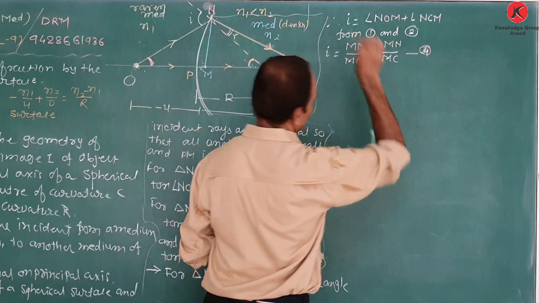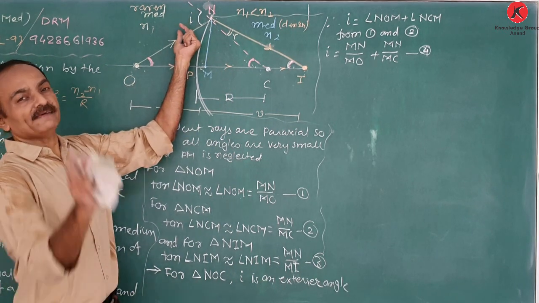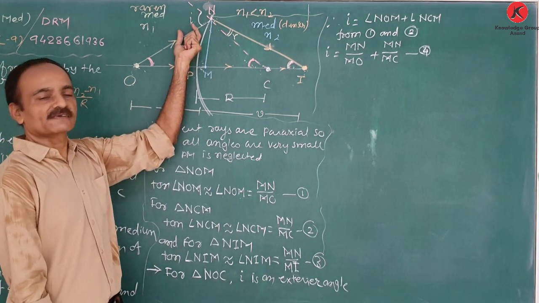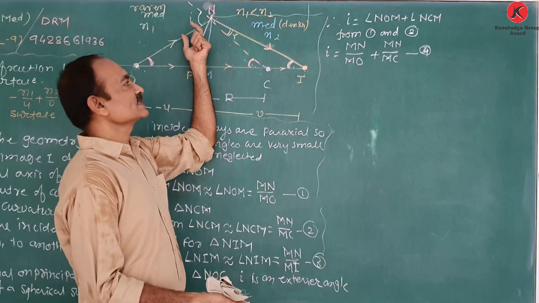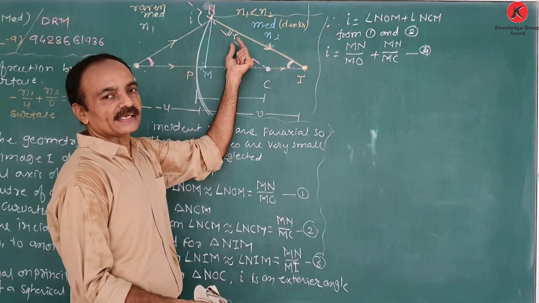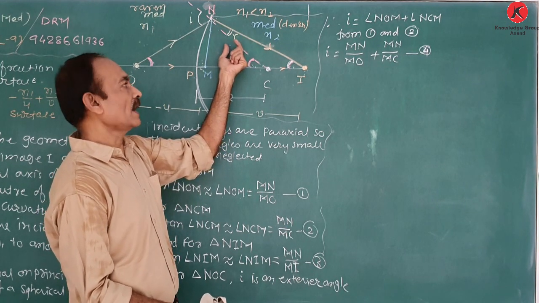So thus we obtain the value of i. Why do we require the value of i? Because we are going to apply Snell's law, n1 sin i is equal to n2 sin r, and thus we also require the value of r.